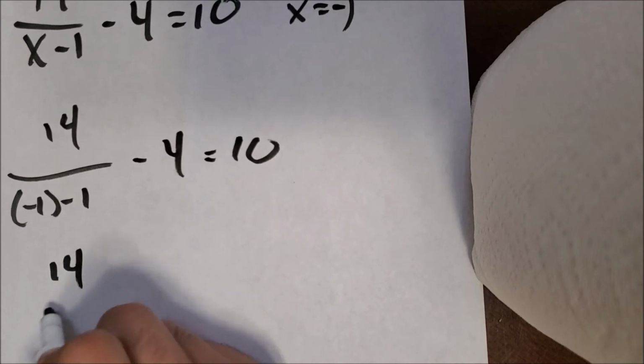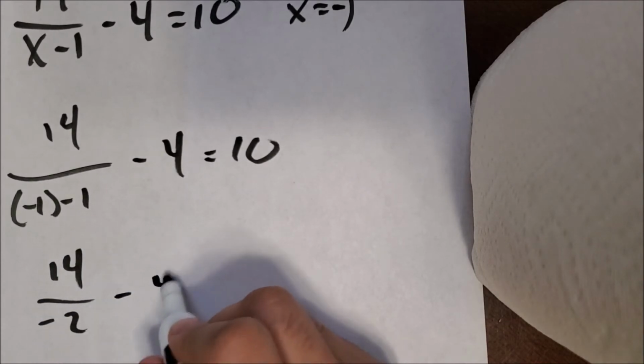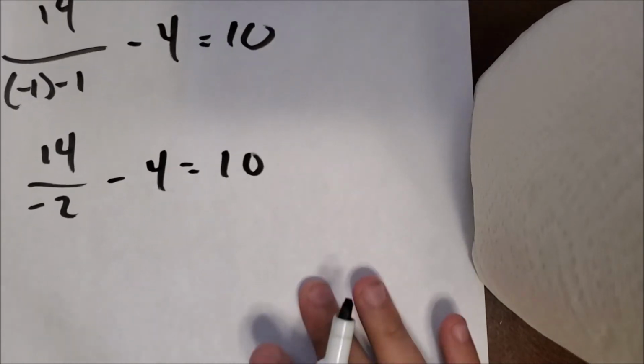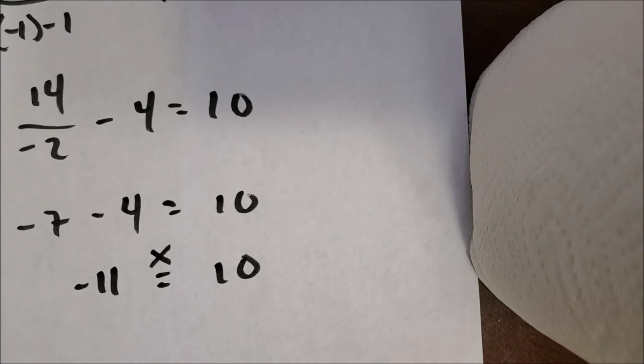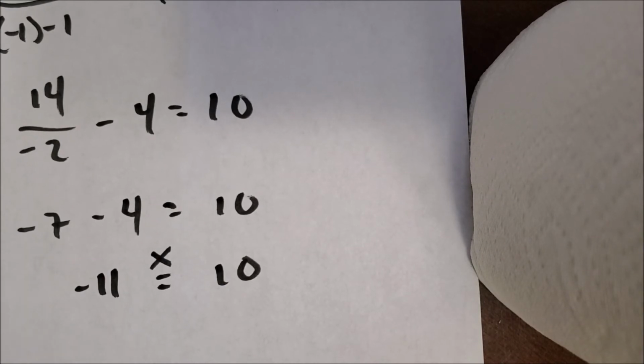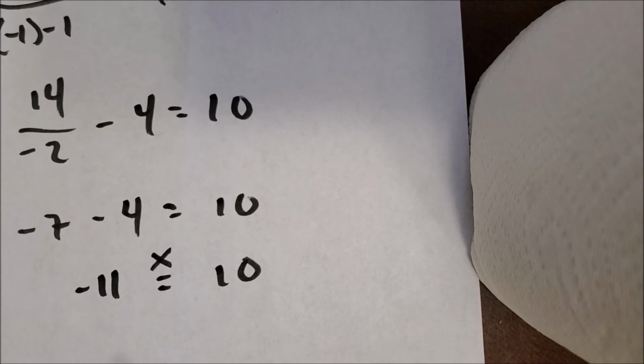So this is 14 over -2, minus 4. This simplifies to -7, minus 4. Well, -7 minus 4 is -11. So this is -11, and this does not equal 10. This is a false solution. It does not work. So we know that if we just plug in a number, it's possible that we won't get a correct value.